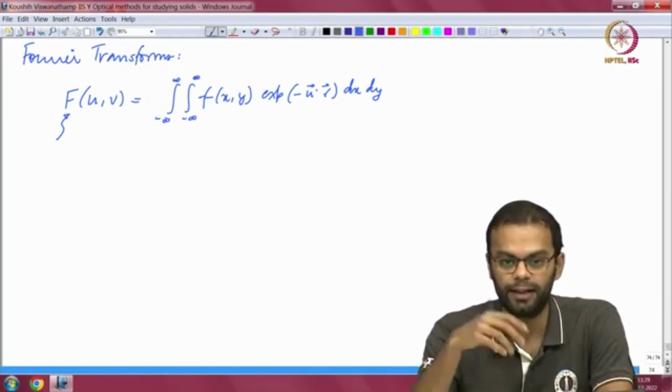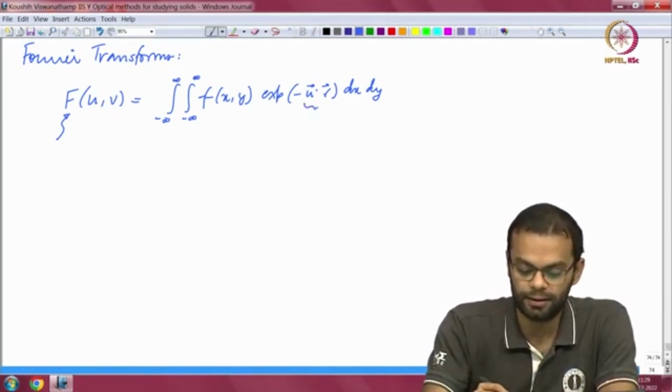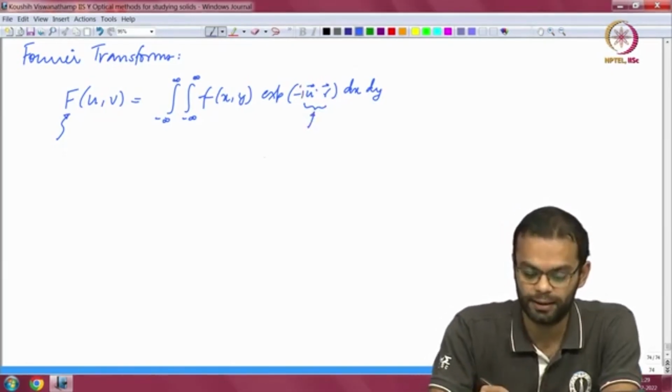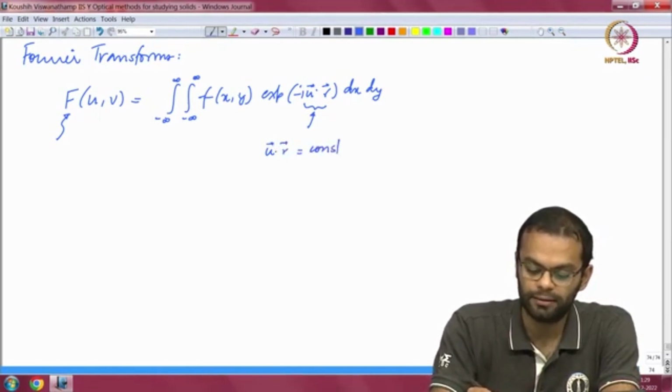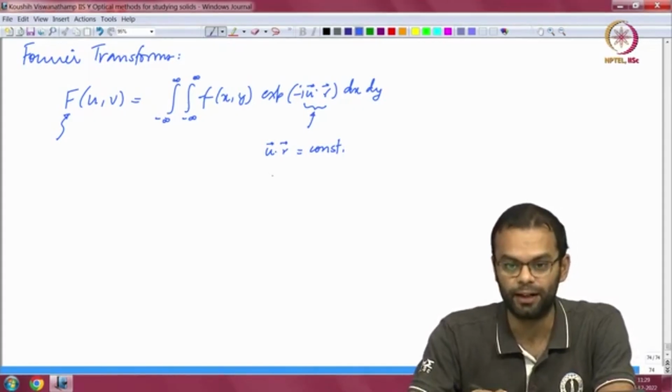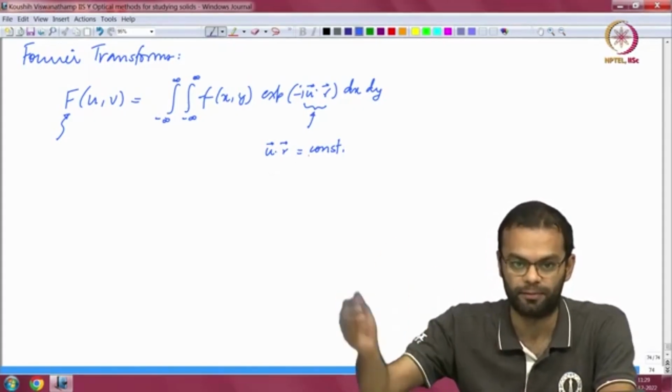And we saw at the end that this particular form is representative of a line in 2 dimensions, and this is the equation of a line. Depending on the constant, you get families of parallel lines.